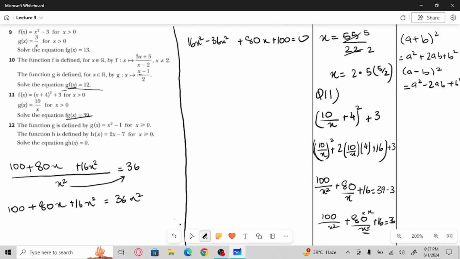And then from here we get minus 20x squared plus 80x plus 100 is equal to 0.